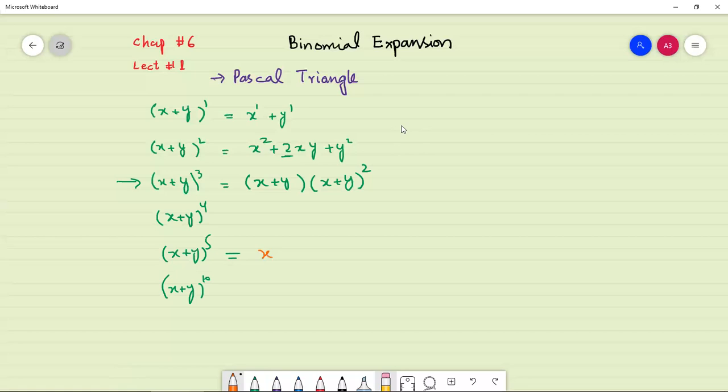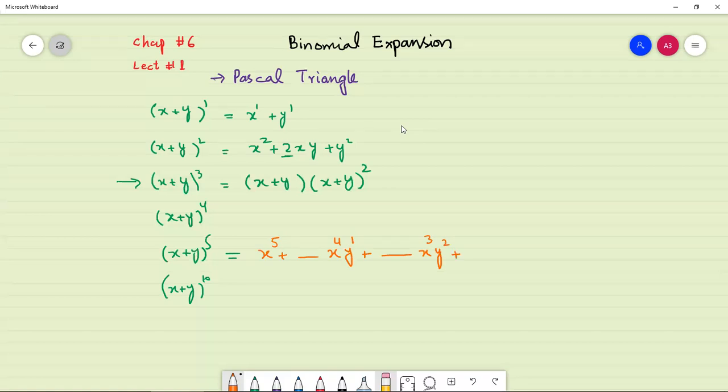First we write x^5, plus some coefficient or constant here. Then the second term is x^4 y^1, plus again some coefficient, then x^3 y^2. It is the decreasing order of x and increasing order of y.